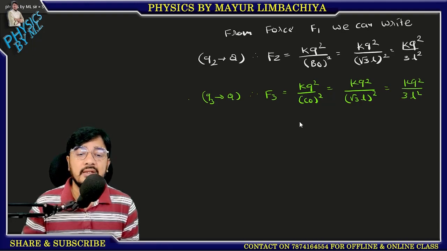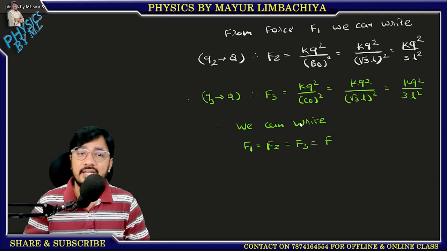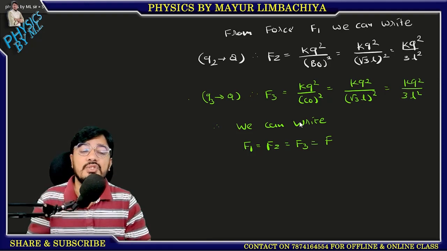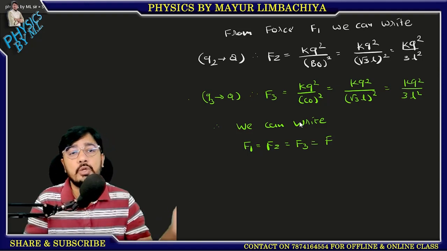So we can write that F1 is equal to F2 is equal to F3 is equal to F. Correct? Fine. So now, dear students, this is the magnitude of the force because of Q1 on Q, Q2 on Q and Q3 on Q.